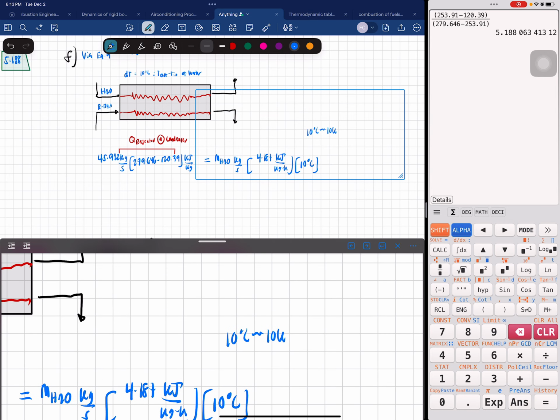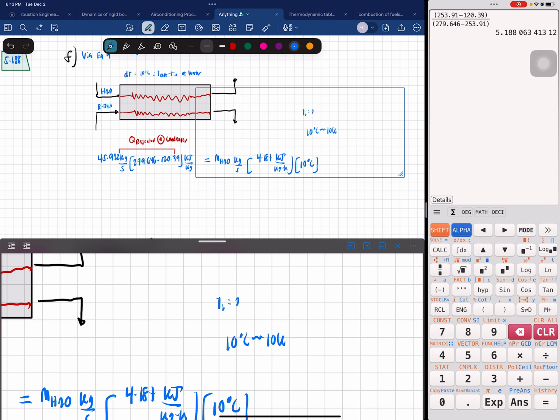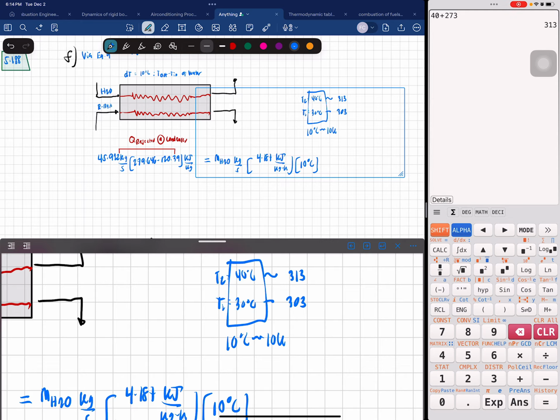For example, you have T1 equals 30 degrees Celsius and T2 equals 40 degrees Celsius. If you convert this to absolute temperature, it's gonna be 303 and 313. Their temperature difference though is still gonna be 10.